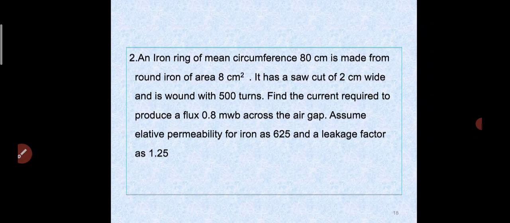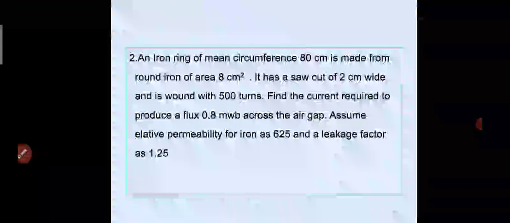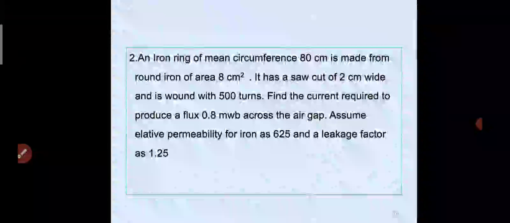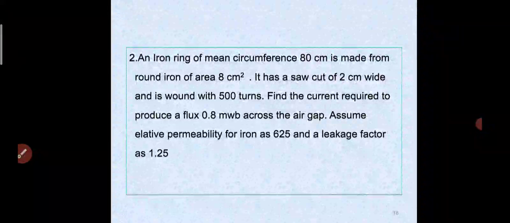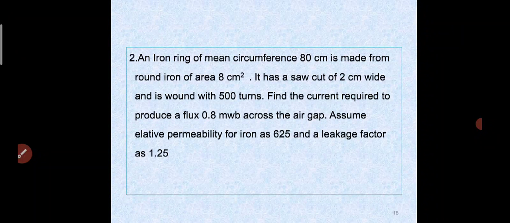Find the current required to produce a flux of 0.8 milliweber across the air gap. Assume relative permeability for iron as 625 and a leakage factor as 1.25.